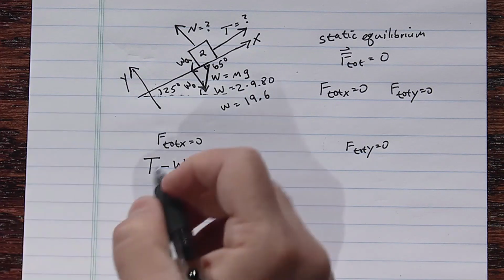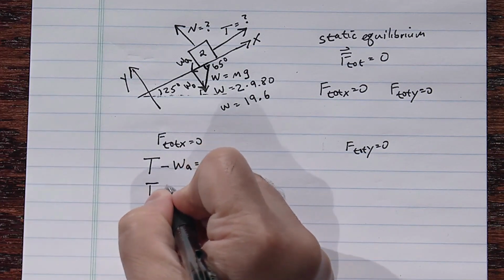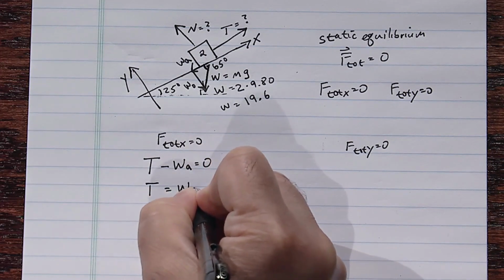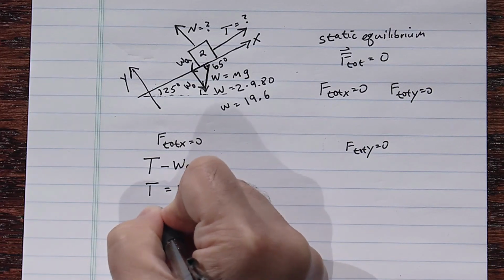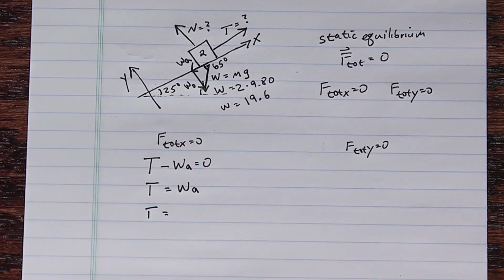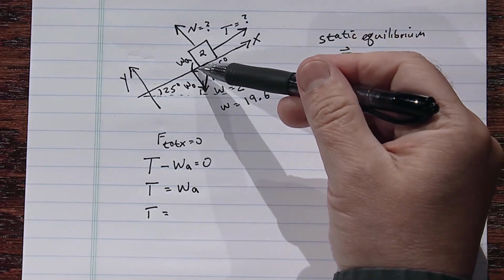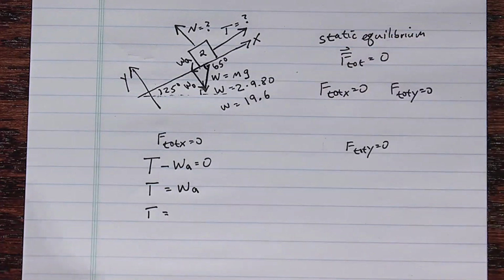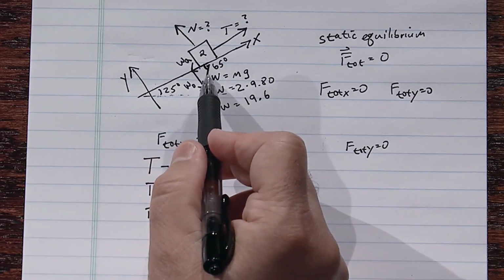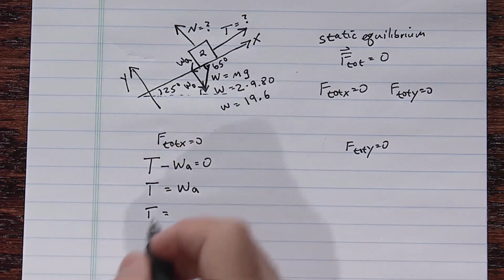Adding weight adjacent to both sides, we have tension is equal to weight adjacent. Weight adjacent is this side adjacent to our 65-degree angle, so that would be equal to our hypotenuse, which is down here, which is the total weight.